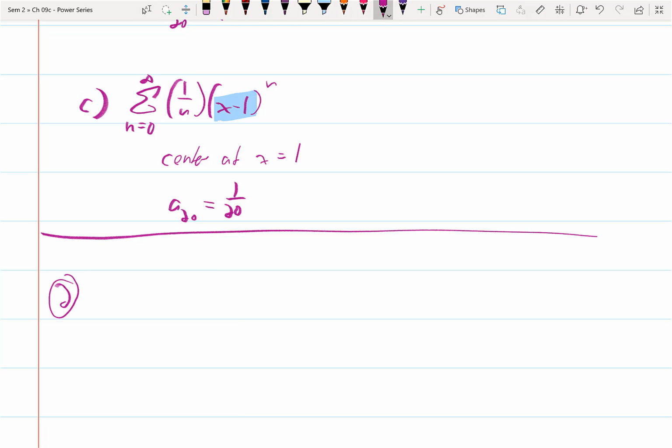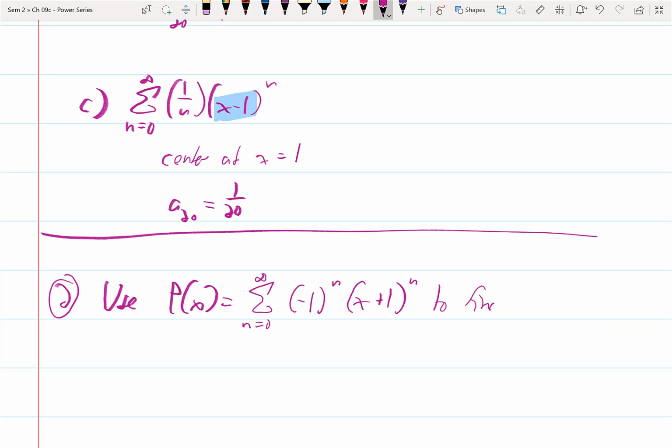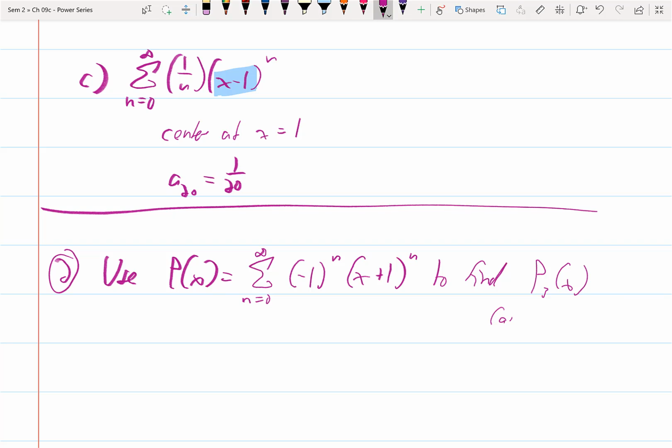Next set of questions. Use p of x equals the sum from n equals 0 to infinity of negative 1 to the n times (x plus 1) to the n to find p sub 3 of x, which we can think of as an approximation of p of x.